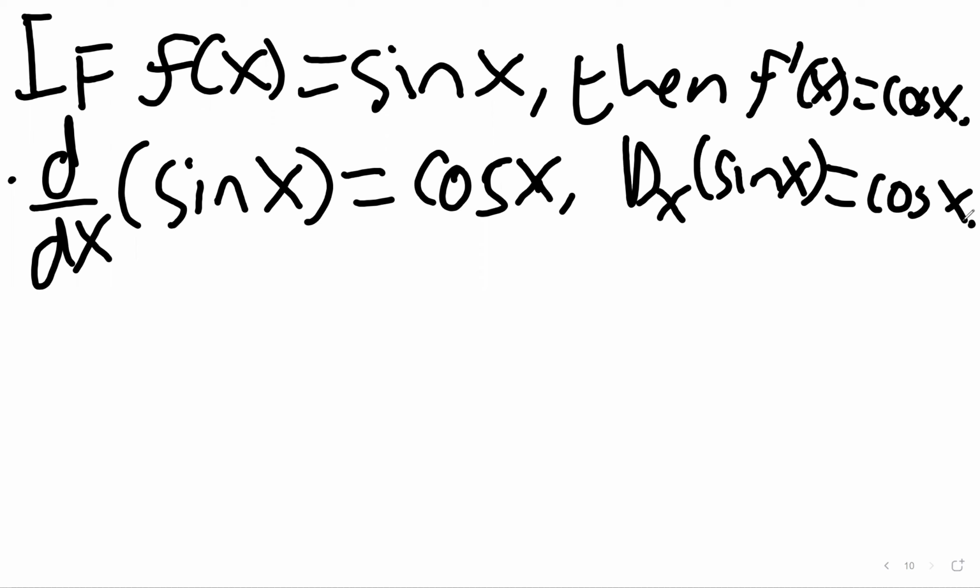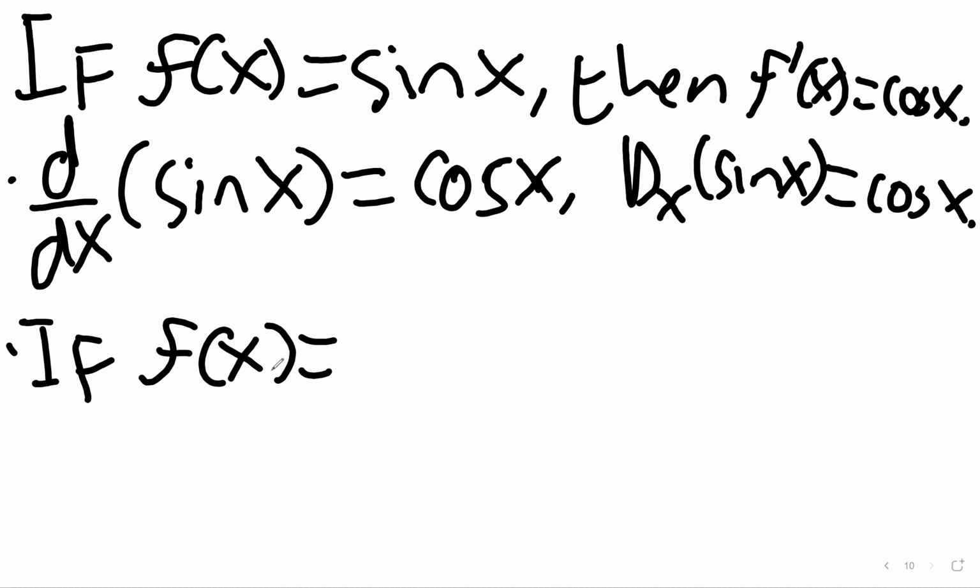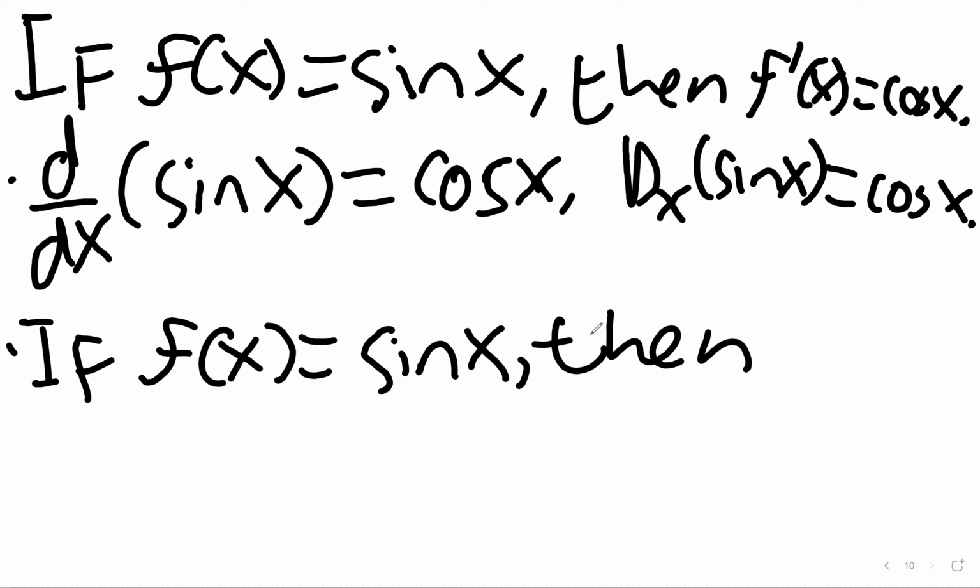Of course, as a special case, if f of x equals sine of x, then we may calculate the derivative at any particular point. For example, calculate the derivative at pi. If f of x equals sine of x, then f prime of x equals cosine of x.